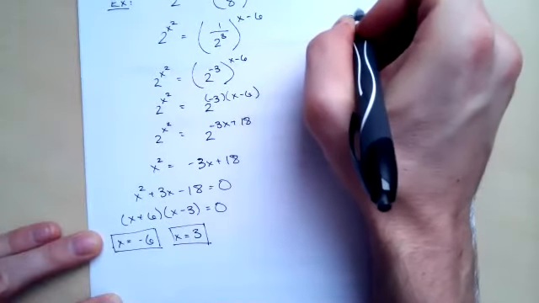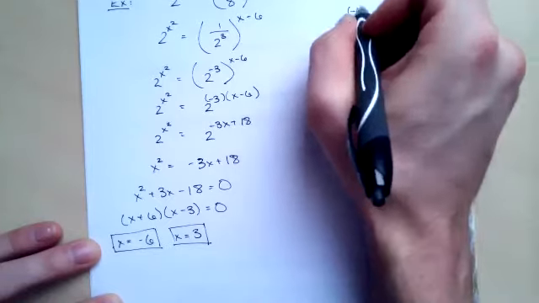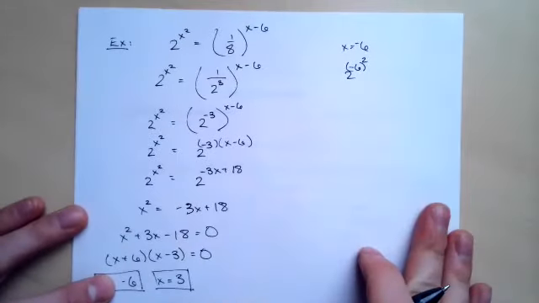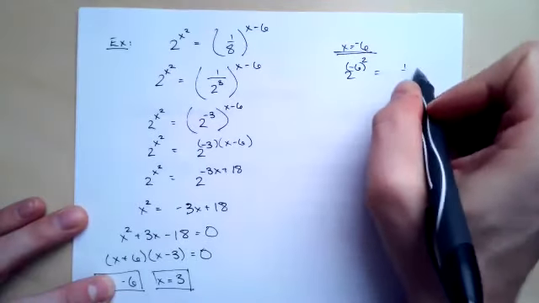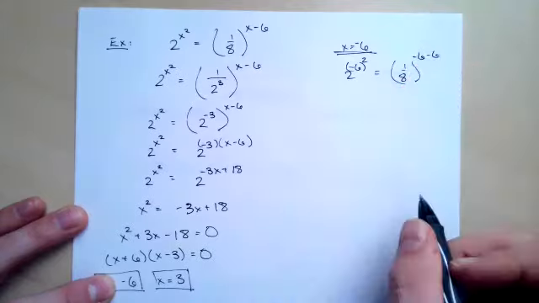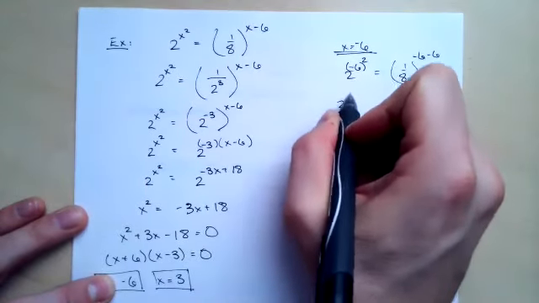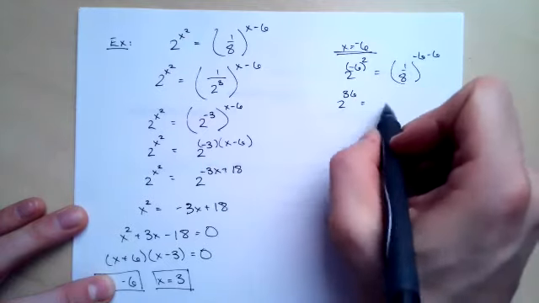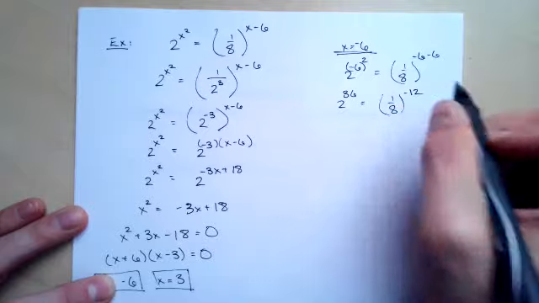It'll be 2 to the negative 6, and that negative 6 is squared, is equal to 1/8 to the negative 6 minus 6. So this gives me 2 to the 6 squared, which is 36. And 1/8 will be 1/8 to the negative 12.